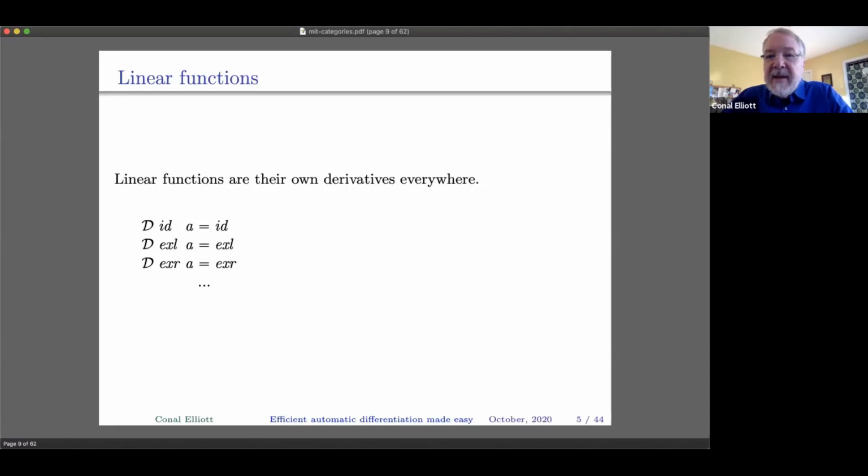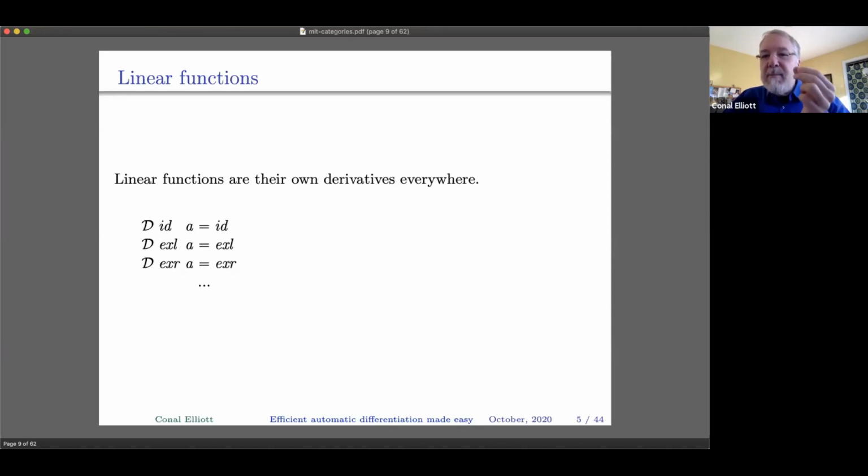Now you might think the derivative of the function lambda x. x, the identity function that maps x to x, is 1, all right? But I'm saying, no, it's really not 1. It's really the identity function. And the reason we think it's 1 is that in one dimension, for a function f of x equals x, when we say the derivative of f of x is 1, what we mean is 1 times.